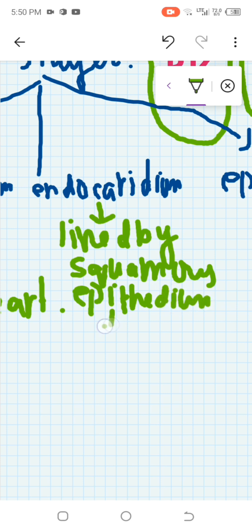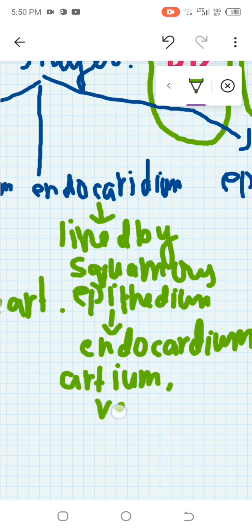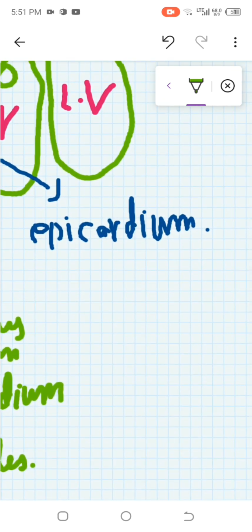And where are those lined? These are lined above the atria and ventricles.